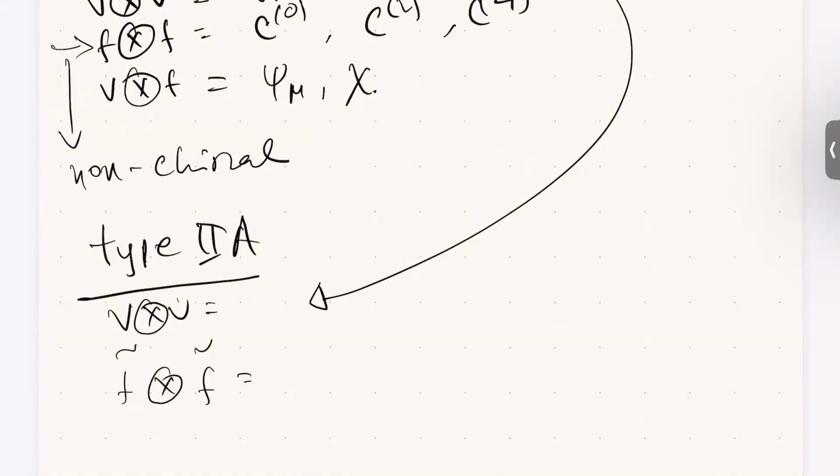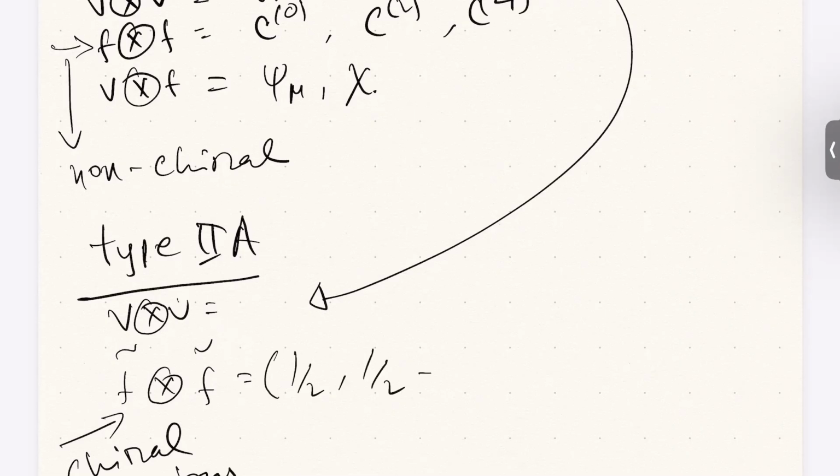The F cross F, this you take as chiral fundamental. And whenever you have chiral partner representation, you have odd number of minus R or plus R.